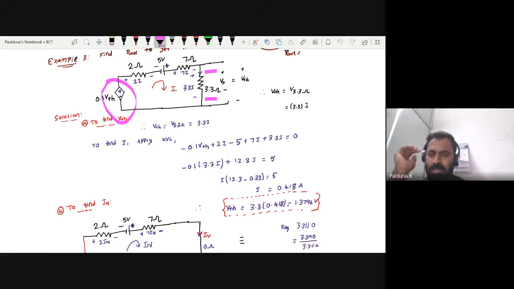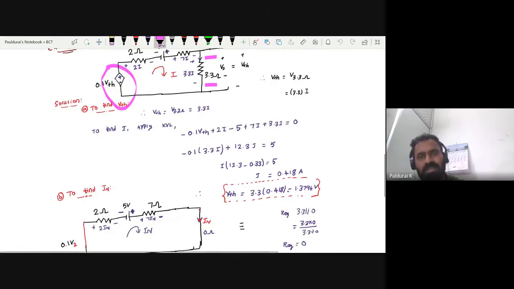Is I correct? I found I as 5 divided by 12.3 minus 0. Correct? 0.48. So VTH is obviously 3.3, so multiplying by 3.3 approximately I am getting 1.378. Yeah. Finding IN, when finding it, obviously this becomes 0, this becomes 0, so my I equals 5 by 9.